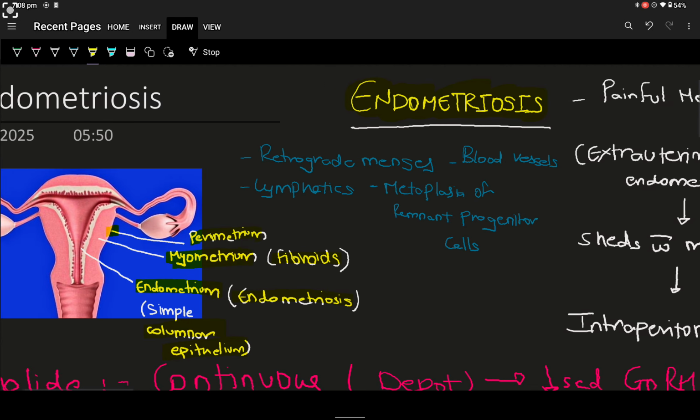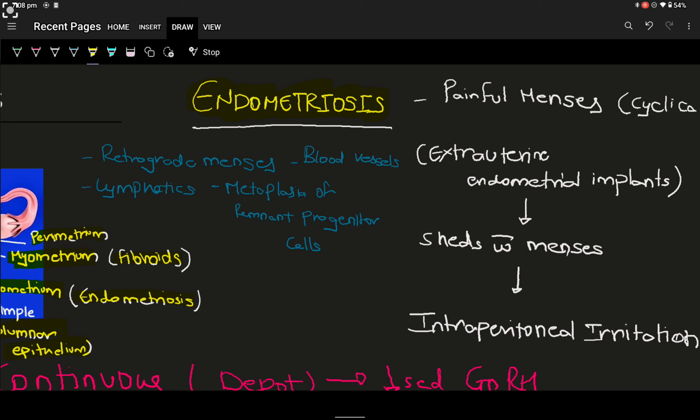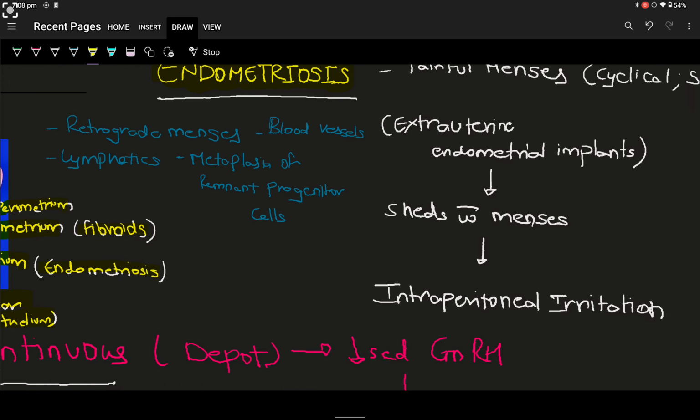It could be either the glands or the stroma of the endometrial lining of the uterus. If it is present outside of the endometrial cavity, that is called endometriosis, and usually it sheds along with the menses. While shedding with the menses it causes intraperitoneal irritation, since the implants mostly could be in the region of the peritoneum or the ovaries.